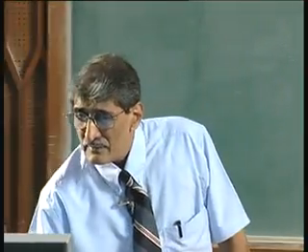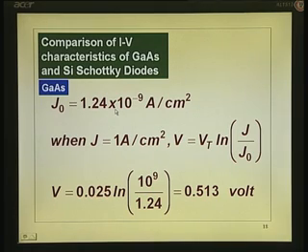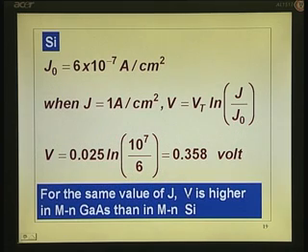Supposing I take J equal to 1 ampere per centimeter square, the corresponding voltage across the junction will be Vt ln J by J naught. J is 1 ampere, J naught is that quantity. For gallium arsenide it is 0.513 volts. For silicon, J naught is higher, therefore V will be smaller, 0.358.